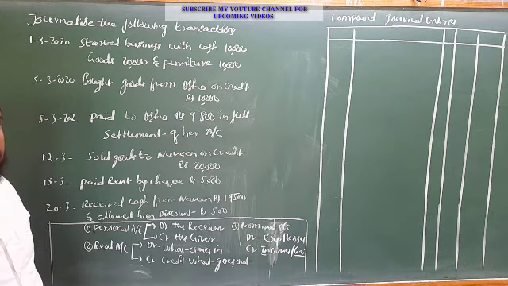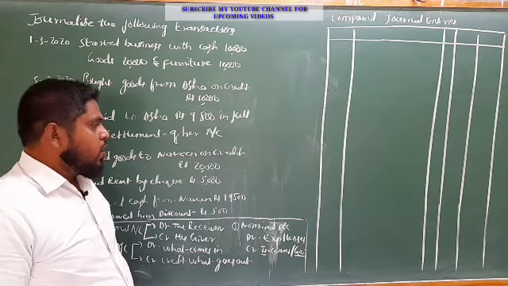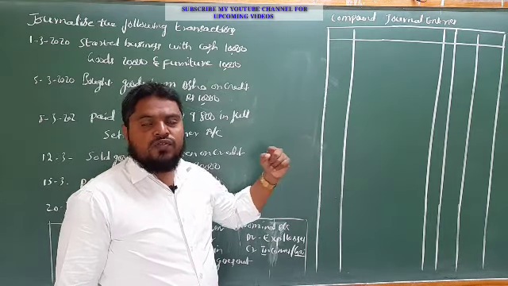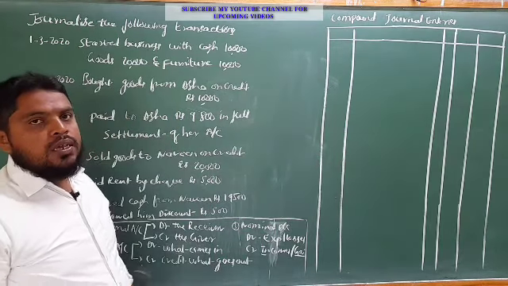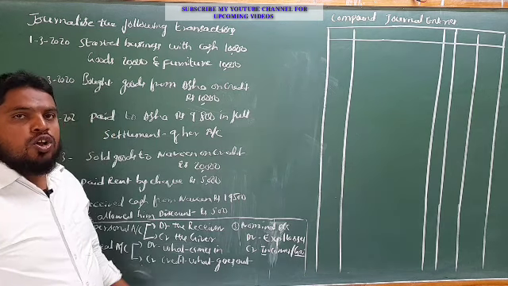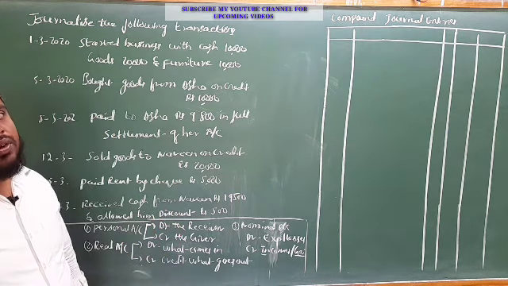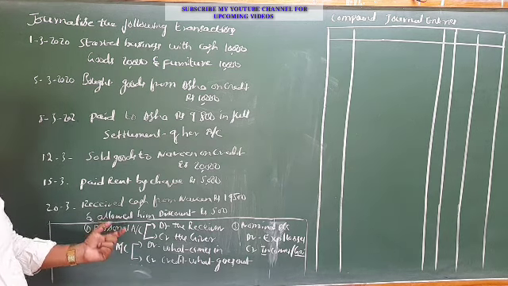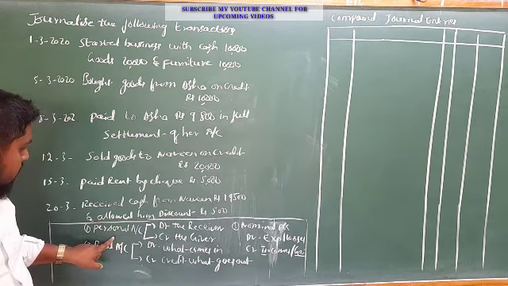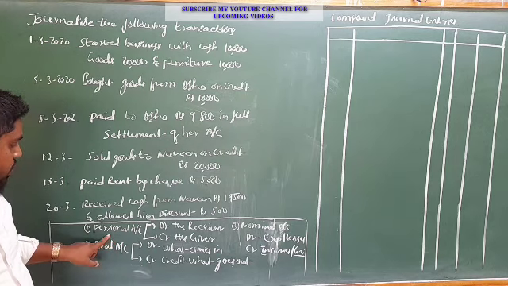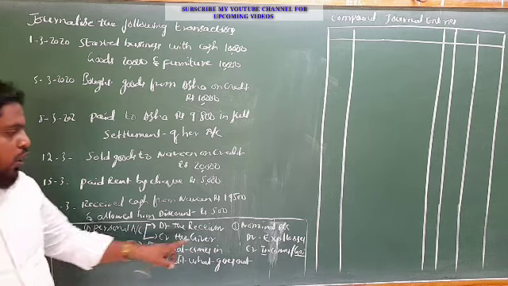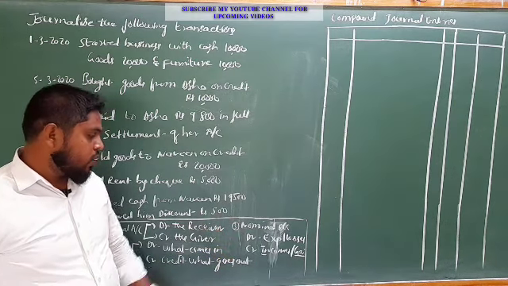Now, before going to pass the journal entries, first of all, we should know the concept, that is English system of accounting. So under English system of accounting, there are three accounts involved: a personal account, a real account, and a nominal account.